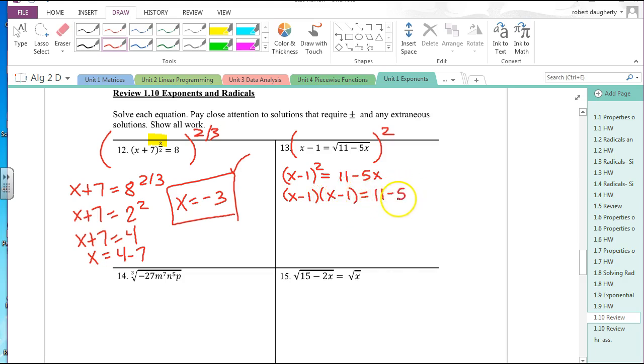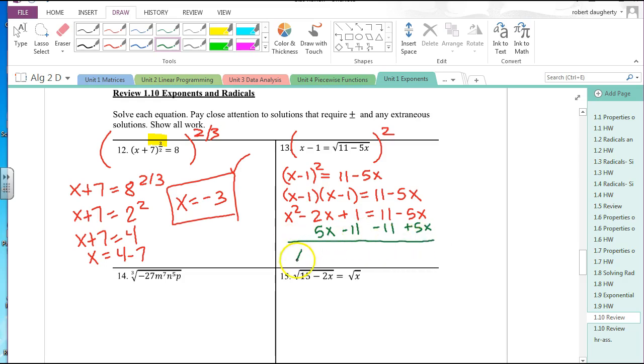squared equal 11 minus 5x. So when I do the left side, this is x squared minus 2x plus 1 equal 11 minus 5x. To set that equal to 0, I need to subtract 11 and add 5x to both sides.